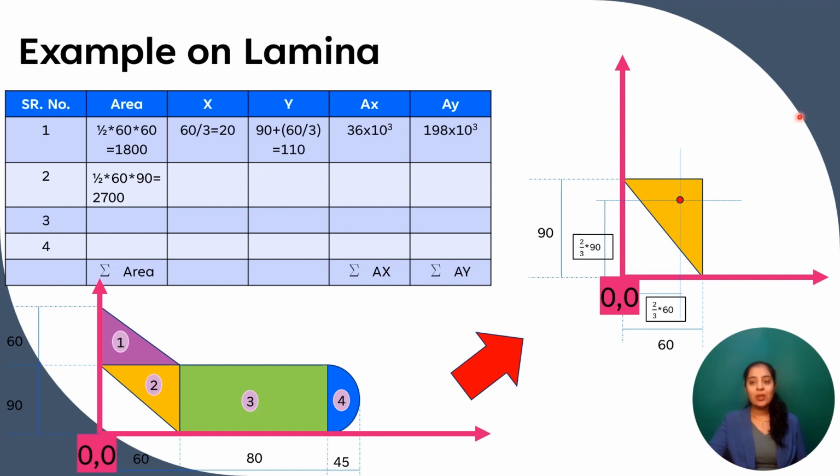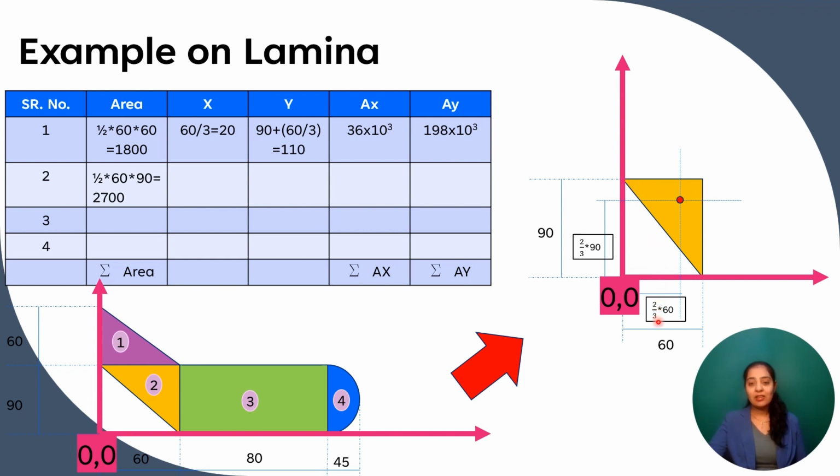Now we have to find out x, that is the x coordinate of CG of this basic component. But wait, first check if that CG is from the 90-degree side or from the opposite vertex.